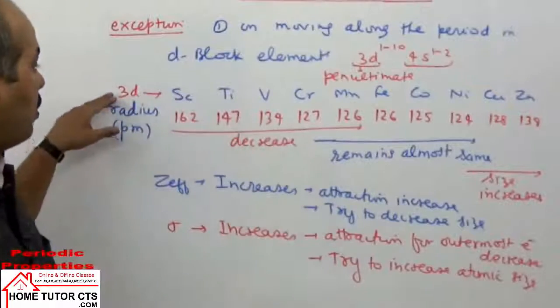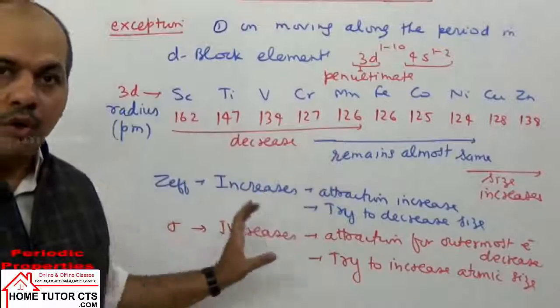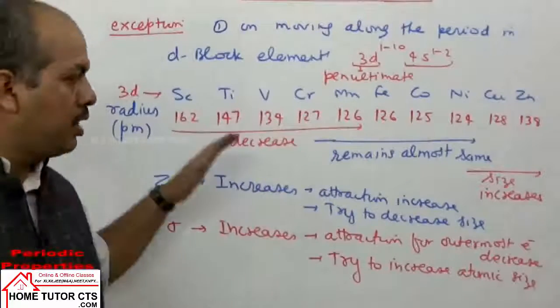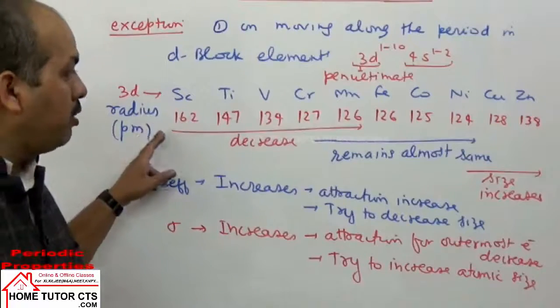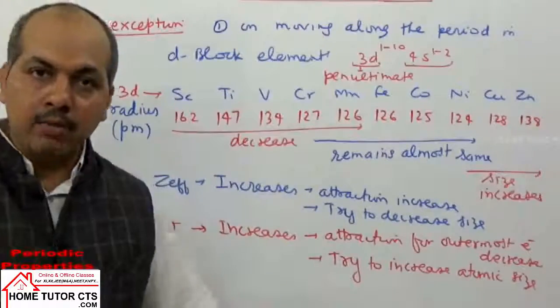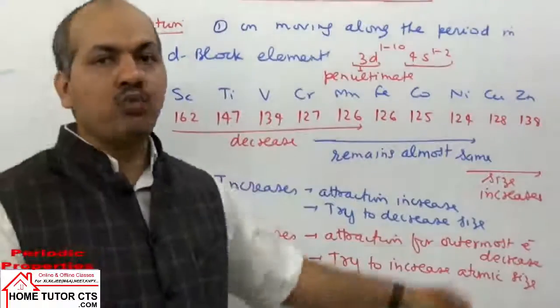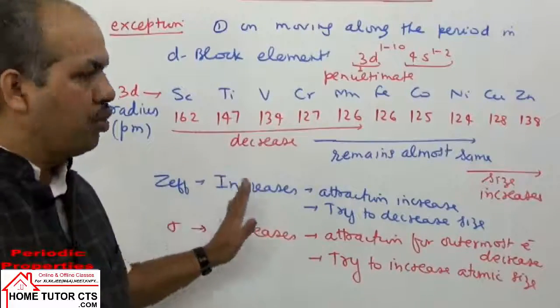It happens in all the d series elements, 3d series, 4d series or 5d series, same thing will happen. That on moving along the period, size of element first decreases up to middle, and for next few elements size almost remains constant, and for last 1 2 elements size increases. I hope it is clear.